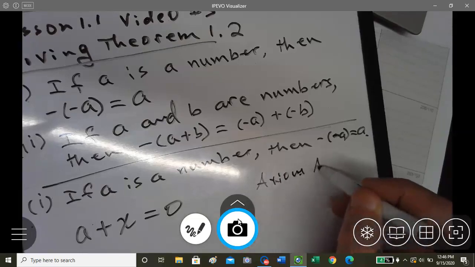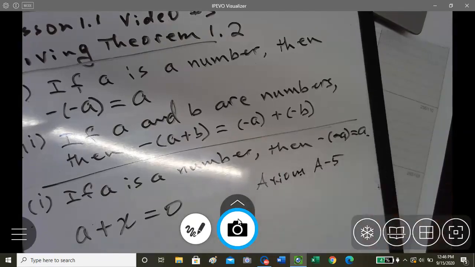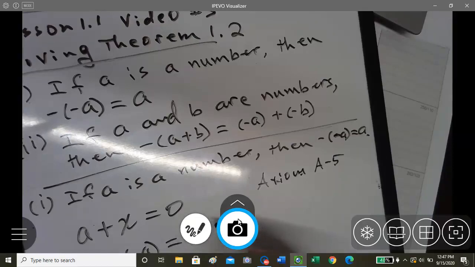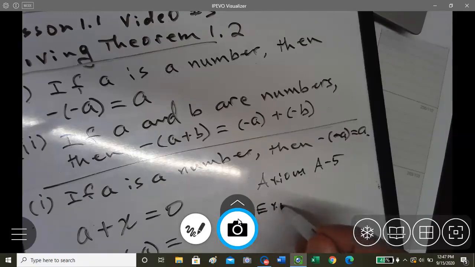Okay, and then what we can do is say, let's apply a negative a. So we substitute negative a in for x, existence of a negative.